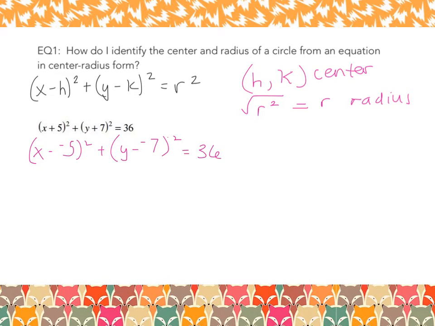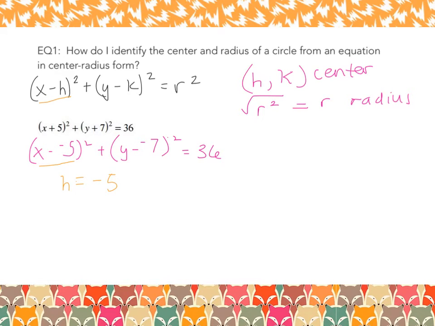All right, so this is one way of rewriting this equation, because what you need to see is that when we have x plus 5 here, really our h value is negative 5, not positive 5. So if I look at my equation from x minus h, that's the same as x minus negative 5, my h value is negative 5.